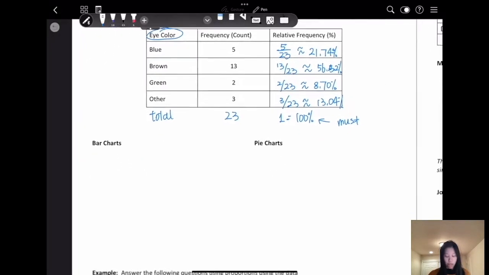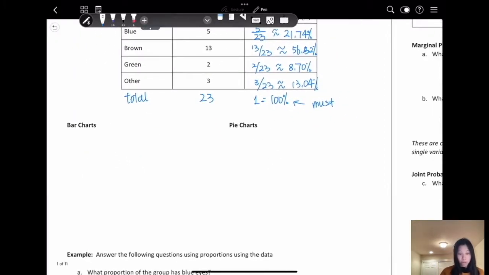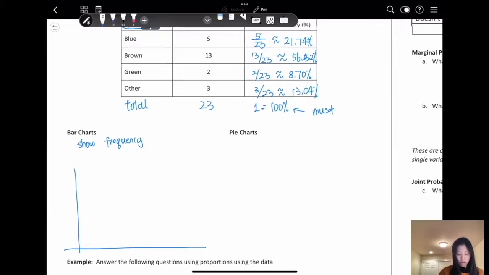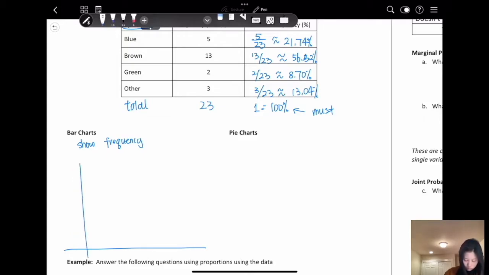Okay. So what is a bar chart? A bar chart helps you to show the frequencies. So now let's draw a bar chart. We have frequencies from 3 to 13, right? That's our range. So maybe you want to use 5, 10, and 15 here.